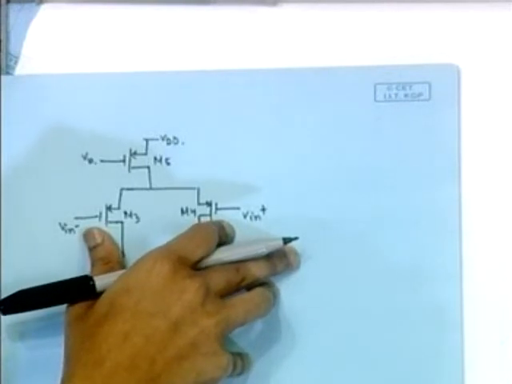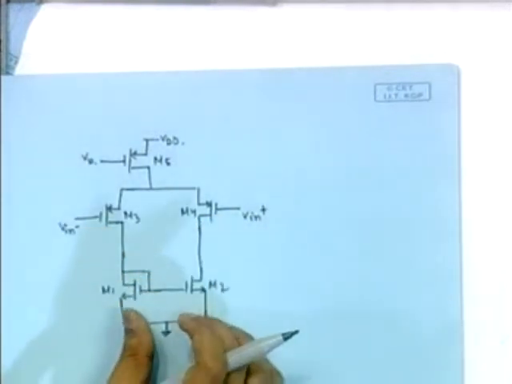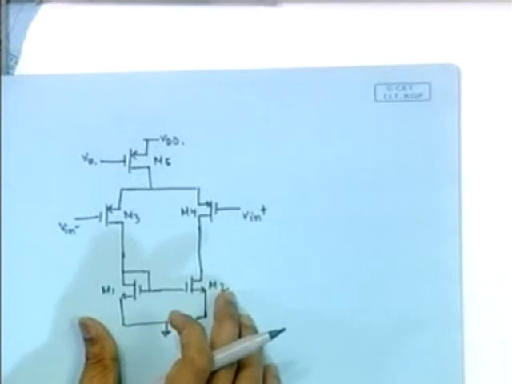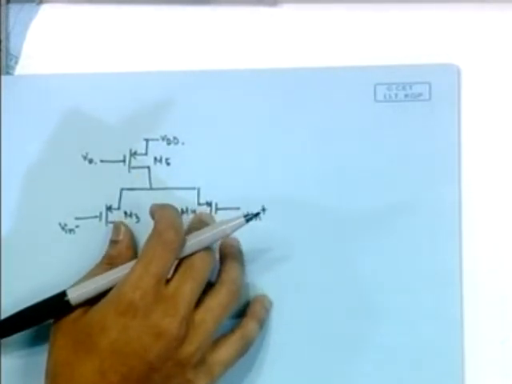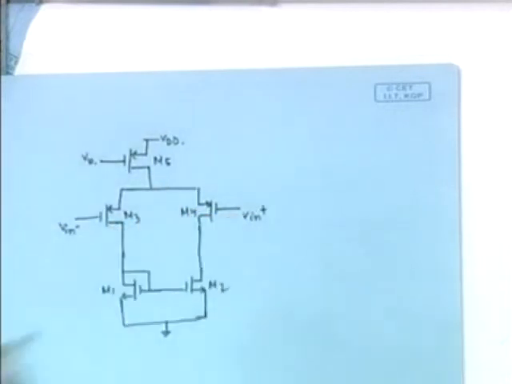We are giving the input to these PMOS transistors. Instead of giving the input to M1 and M2, we are giving the input to these terminals, M3 and M4. Okay, so what is the advantage of this?